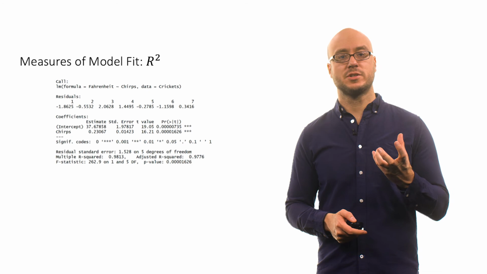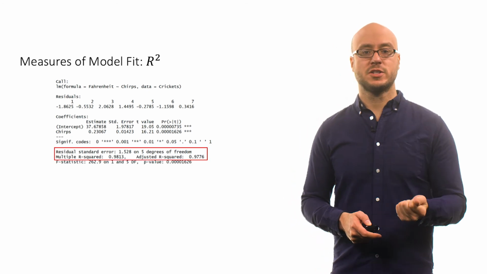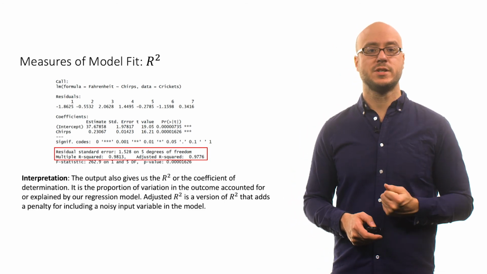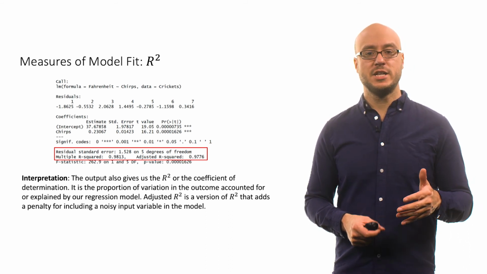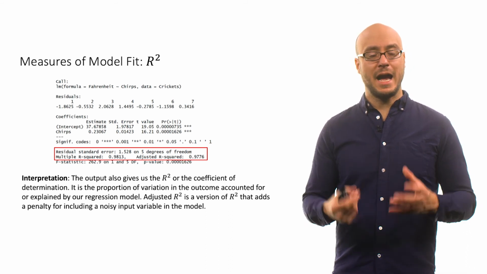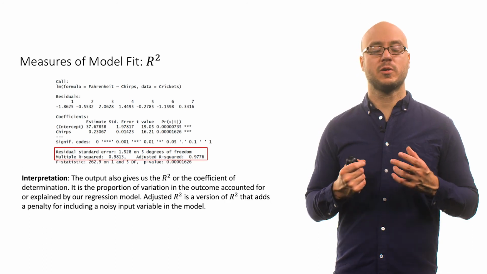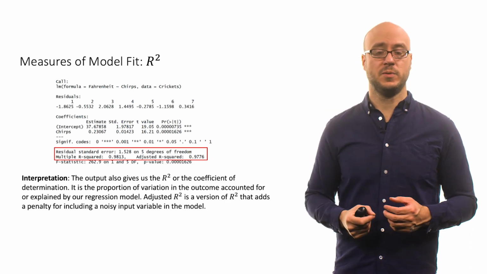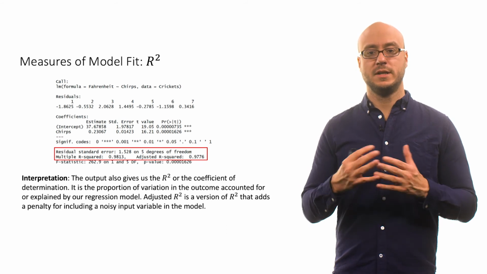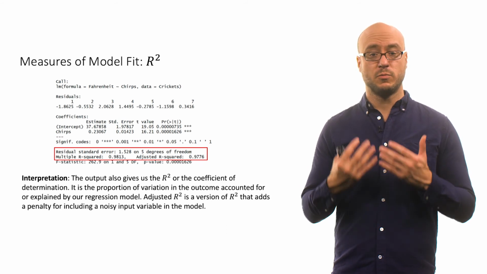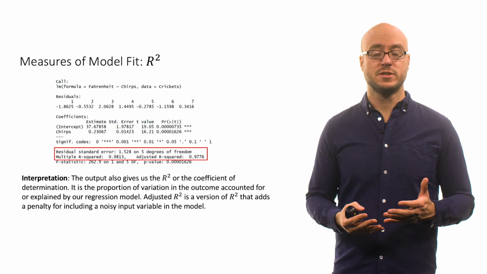We're also given this measure of model fit that is r squared, sometimes called the coefficient of determination. This is the proportion of the variation in the outcome accounted for, explained by our regression model, by our input variable. Sometimes you'll see the output in statistical software programs refer to something called adjusted r squared.